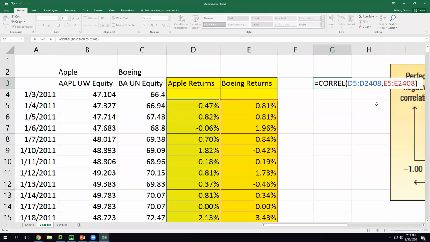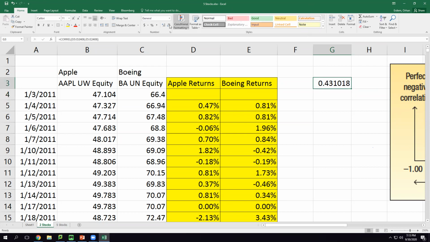So it should be something like this: CORREL, selecting Apple and Boeing. Hit enter, and you'll see this number. Please make sure that you get the same number.